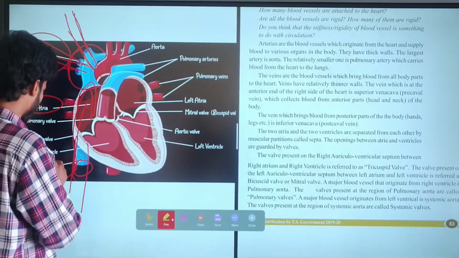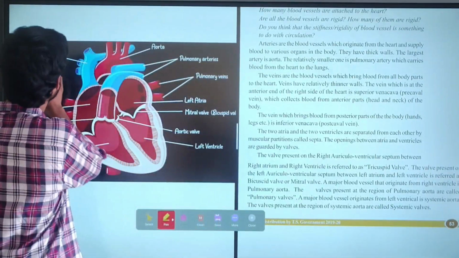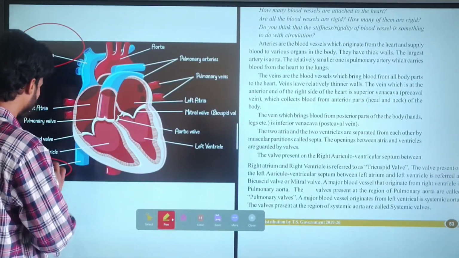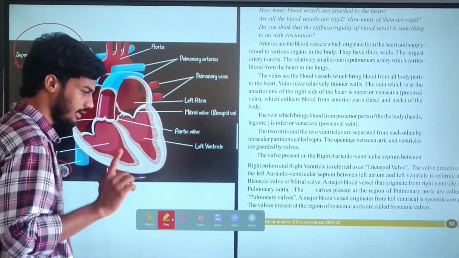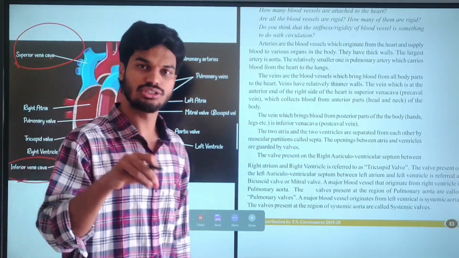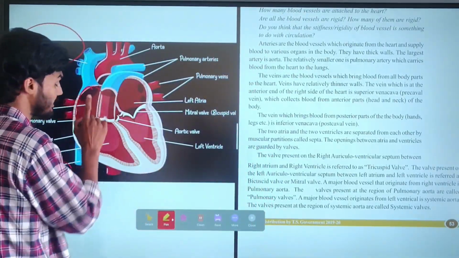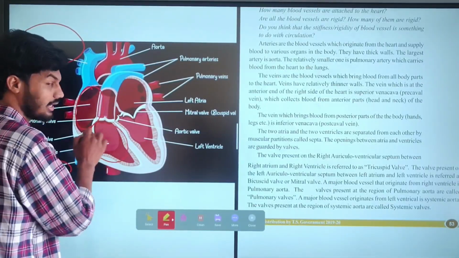Listen, you have to remember this carefully. The function of the inferior vena cava and superior vena cava is to collect the deoxygenated blood from body parts and enter the heart, that is the right atrium and right ventricle.